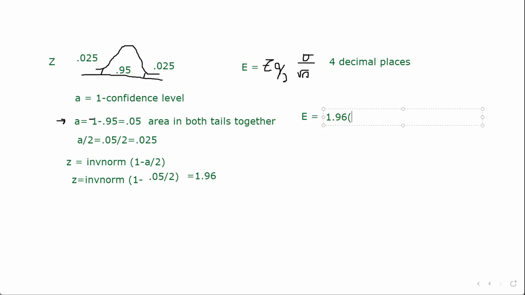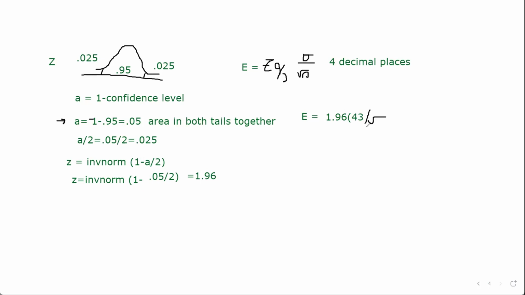Remember sigma, I know it seems like a lifetime ago, but that comes from the problem. Sigma is 43. And you're going to divide this by the square root of your sample size, which is 15.